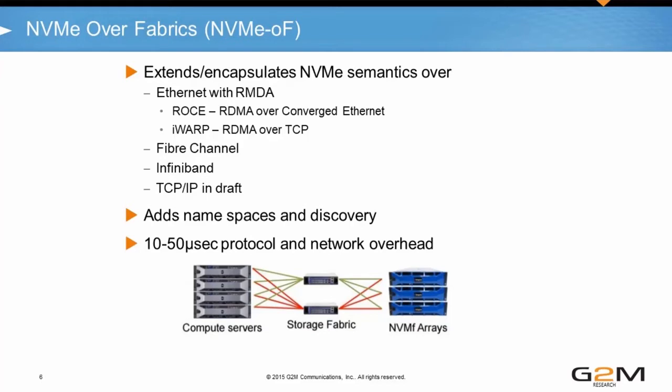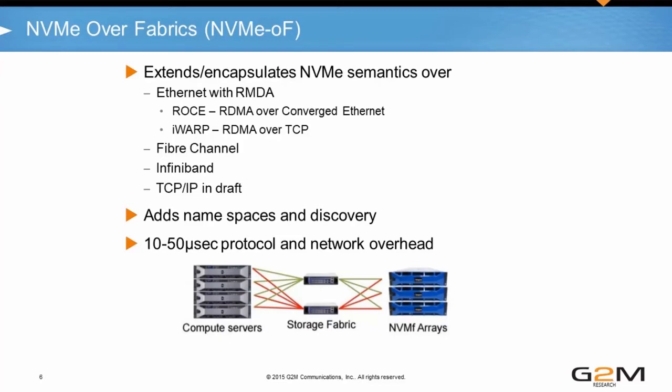Today, in the drafts available and the adopted versions of the standards, that can mean Ethernet with RDMA, and either flavor of RDMA: RoCE, RDMA over Converged Ethernet, which requires the Ethernet extensions that were designed primarily to support Fibre Channel over Ethernet, or iWARP, the RDMA over TCP protocol.